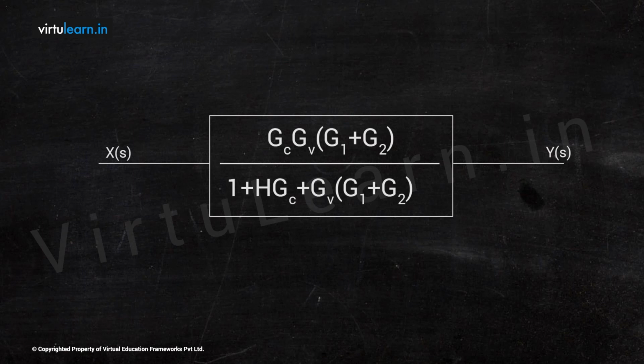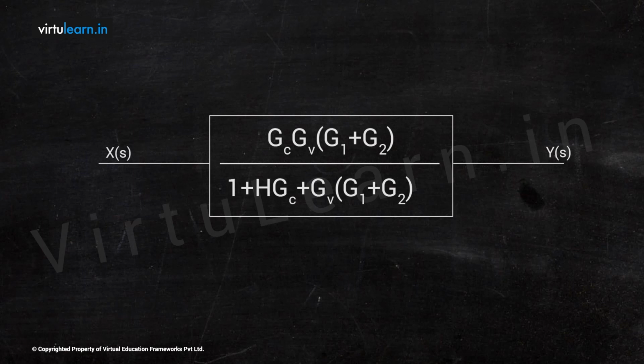And now all three are in cascade, so I can multiply them, so that it results in KC into G1, G3, that is G, and H is already H. So again if you use the G by 1 plus GH loop formula, then the final transfer function Y of S by X of S is KC G1 G3 divided by 1 plus G1 G2 plus KC G1 G3 H, which is the overall transfer function of this process system.